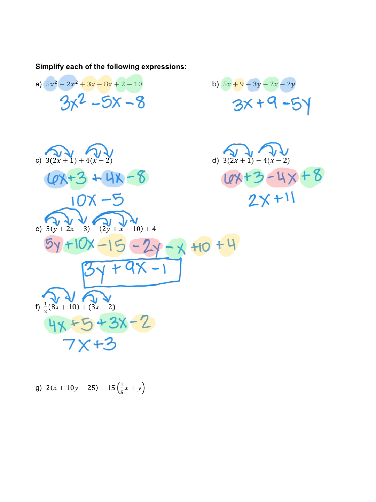Last is G. Let's distribute that 2 to the x. 2 times x is 2x. 2 times 10y is 20y. 2 times negative 25, negative 50. Now we have this negative 15. Let's distribute that negative 15 times 1 over 5.